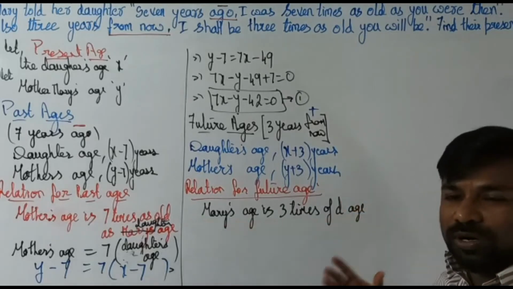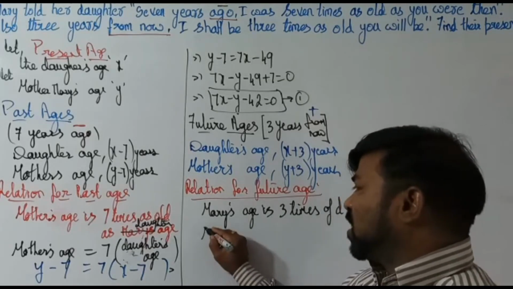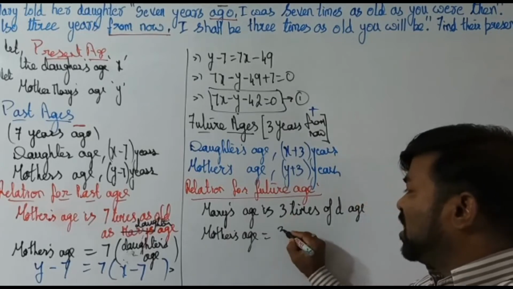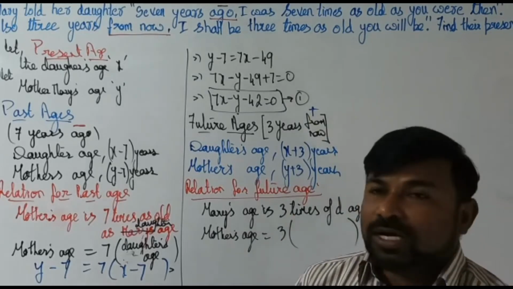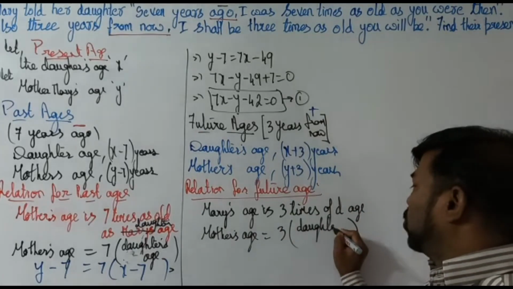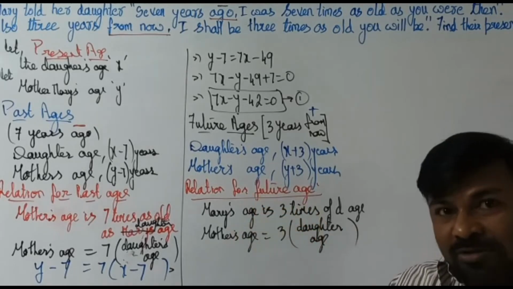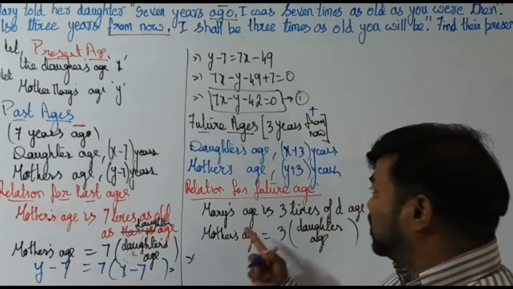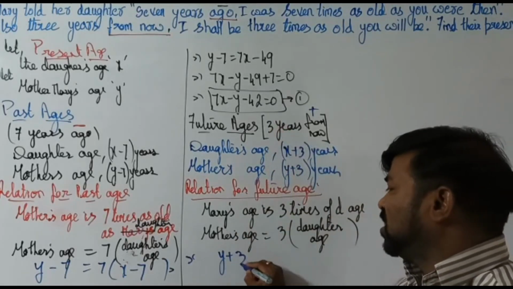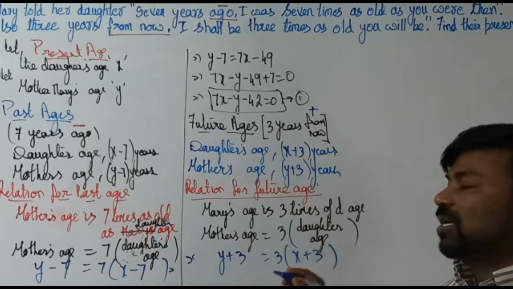Let's frame it in terms of symbols. Mary's age means the mother's age equals 3 times, times means product, 3 times the daughter's age. Now in terms of symbols, what is the mother's age in the future? The mother's age is y plus 3 equals 3 times the daughter's age, x plus 3.